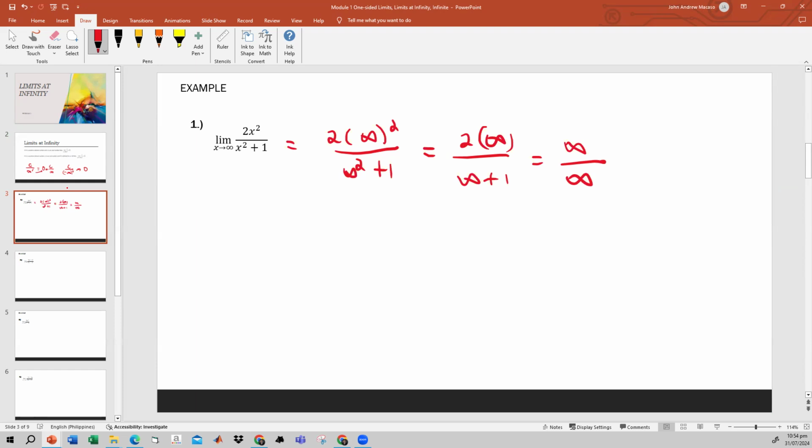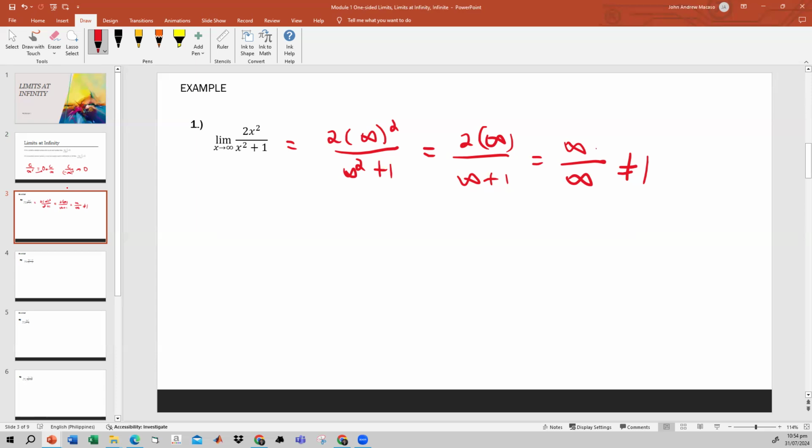Again, please take note that infinity over infinity will not lead to 1, because the symbol infinity is a term for a highest possible or largest possible number. So this is not equal to 1.